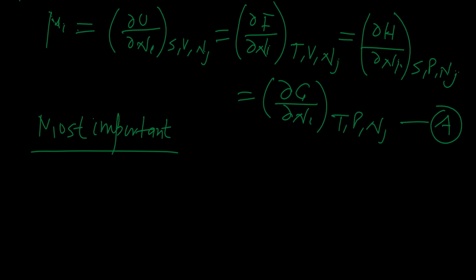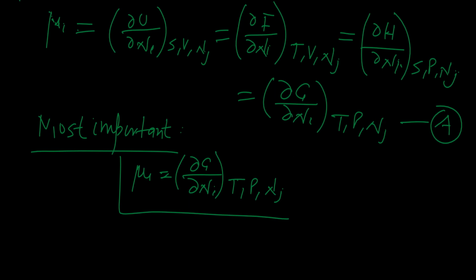So the most important definition is mu i is equal to del G by del Ni at constant T, P, Nj. This is in fact the most important definition.